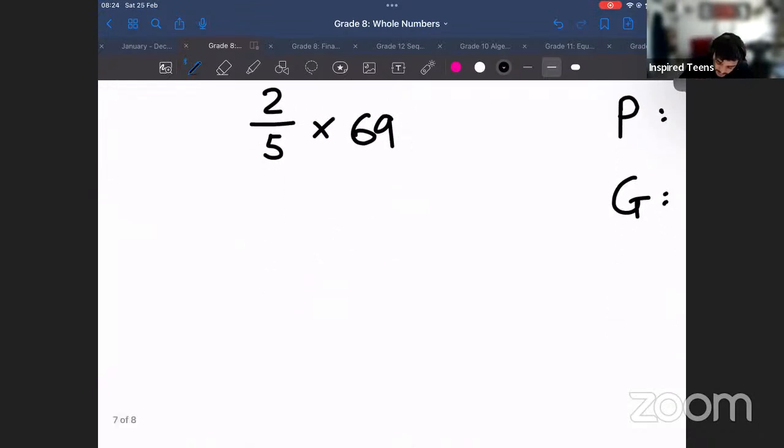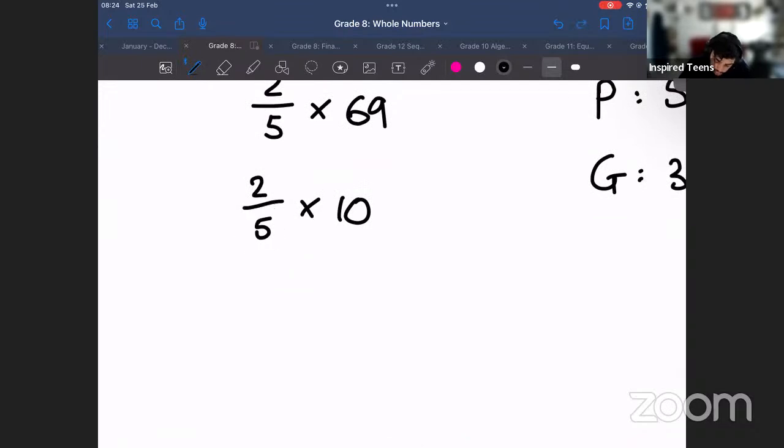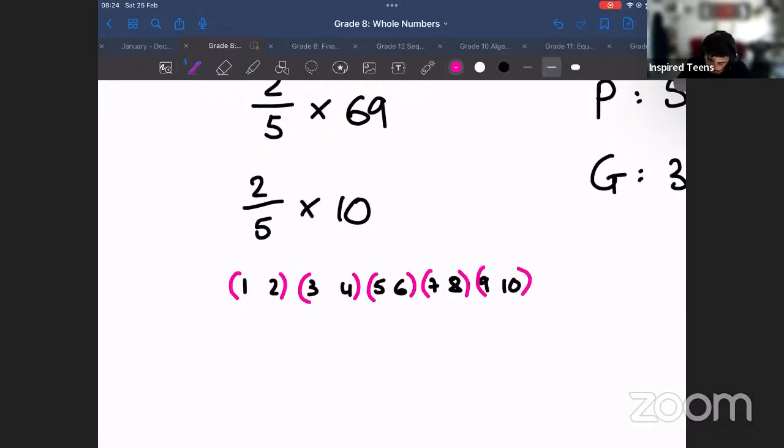Let's do an easier one. Let's say I want to calculate what are 2/5 of 10. So remember, 2/5 of 10. How many 5s are there in 10? There's 2 5s. 1, 2, 3, 4, 5, 6, 7, 8, 9, 10. 1, 2, 3, 4, and 5.